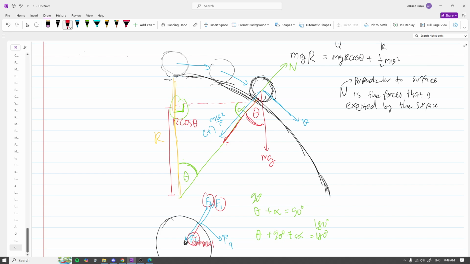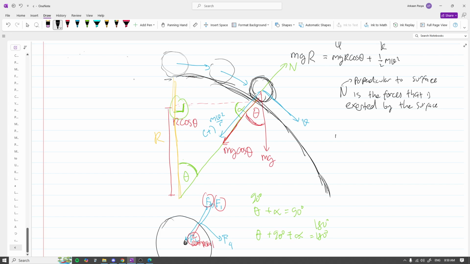So we can describe this line from this theta. See that this line is adjacent to theta. So this is mg cosine theta. So we already know all of the forces that are acting on the ball.